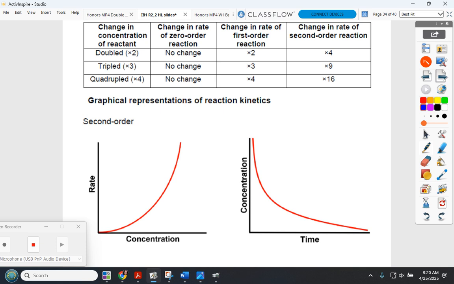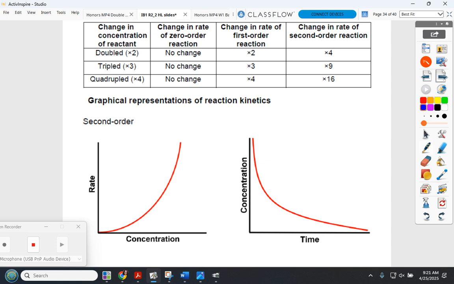The reason why it's helpful to do the rate versus concentration graph for this is that you also get a curved line for concentration versus time for a second order reaction. The curve looks different.